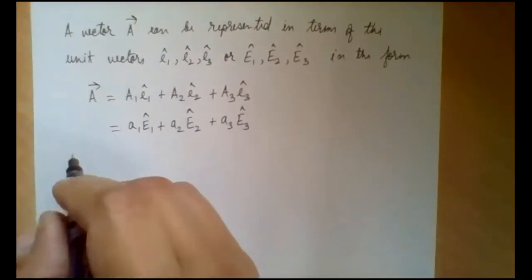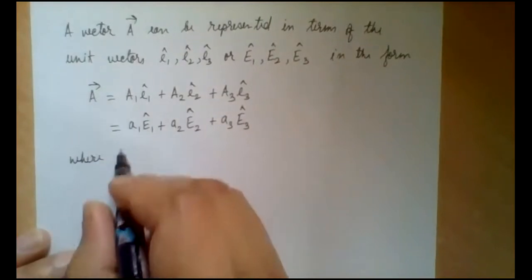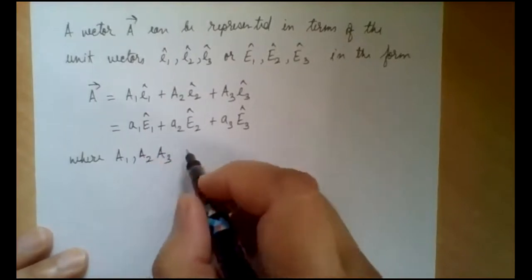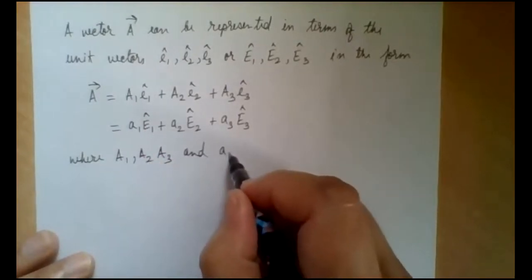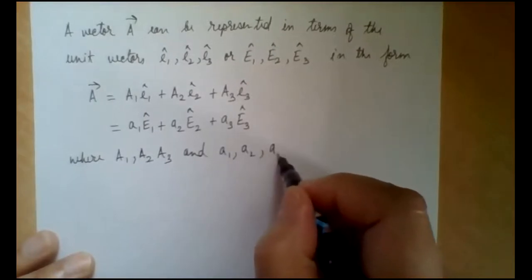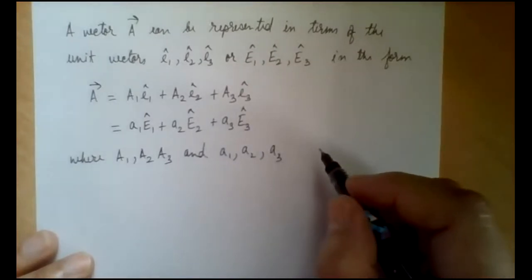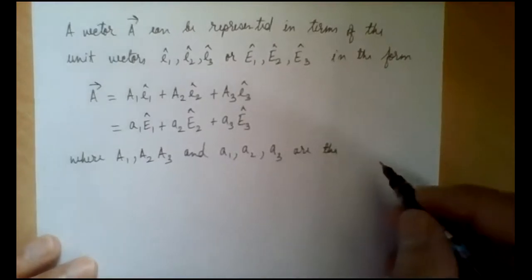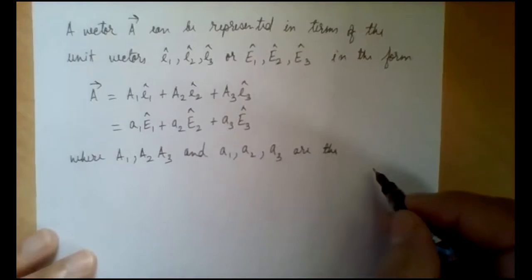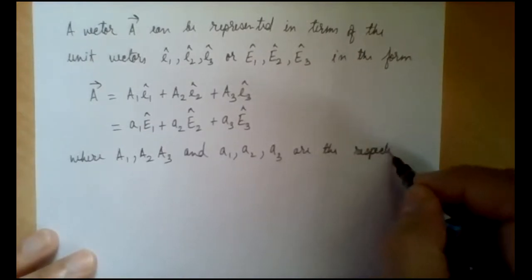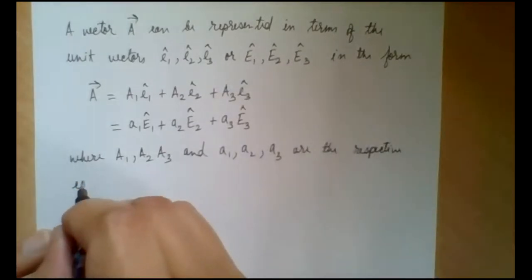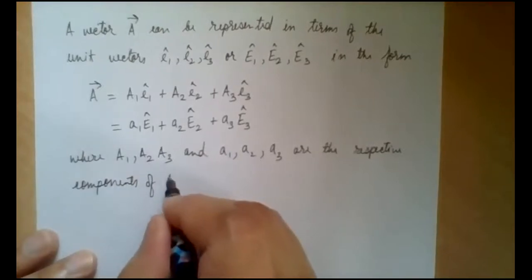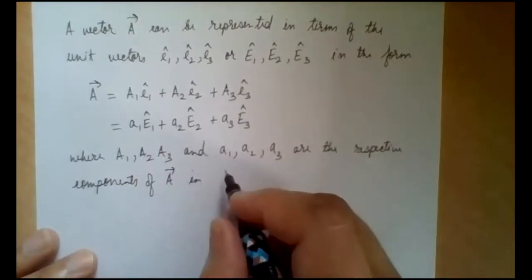Where A1, A2, A3 and small a1, small a2, small a3 are the respective components of the capital A vector in each system.